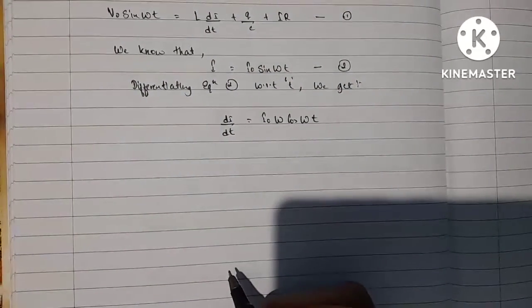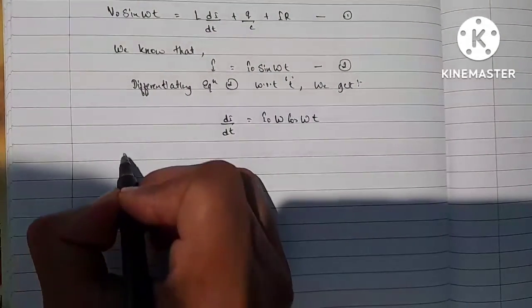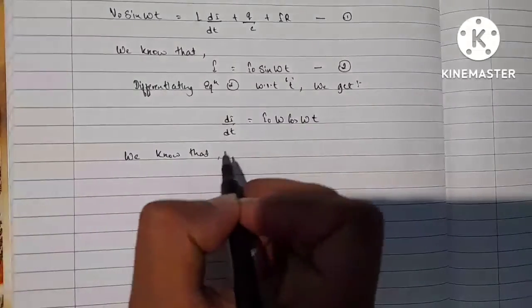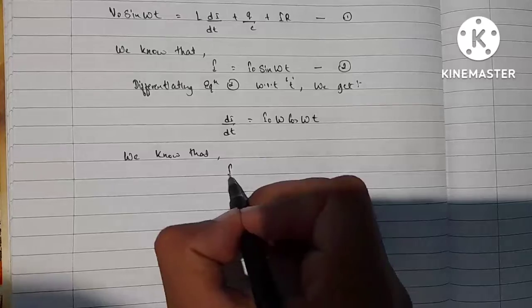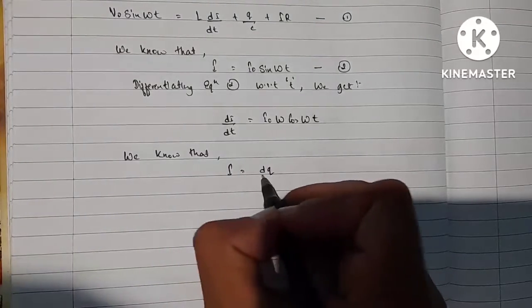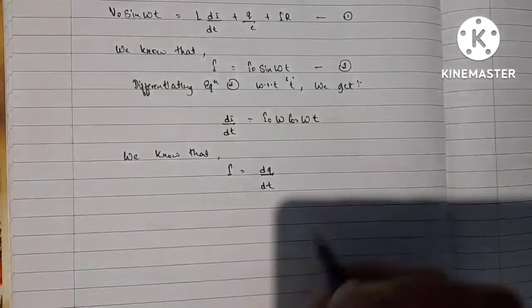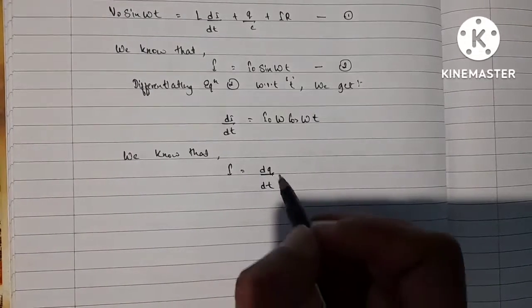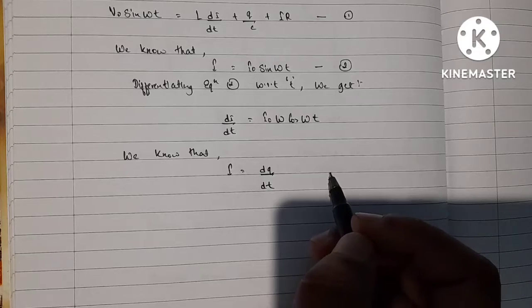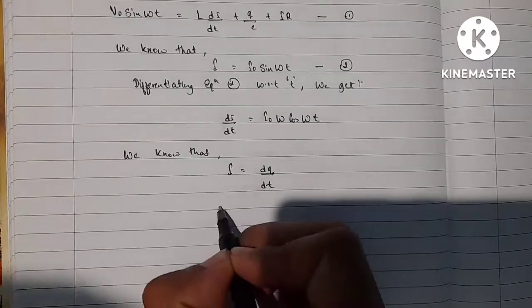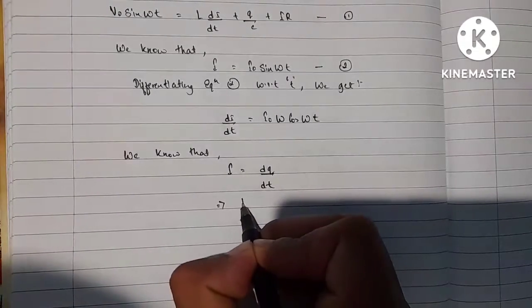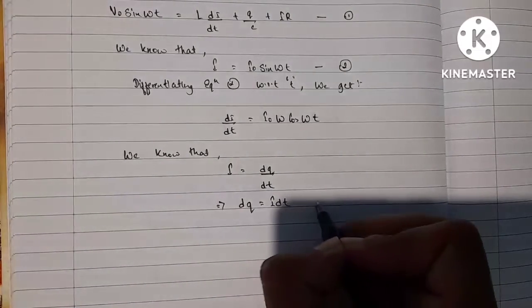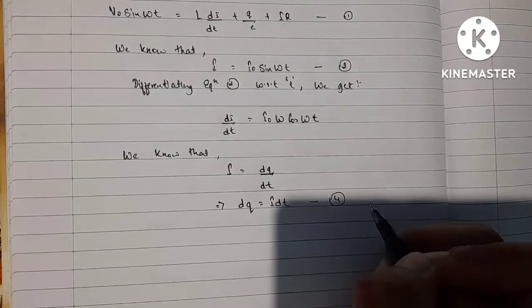Now again we know that current is dq by dt, the rate of flow of charge. Just rearranging it, we get dq equals I dt. Let this be equation number 4.